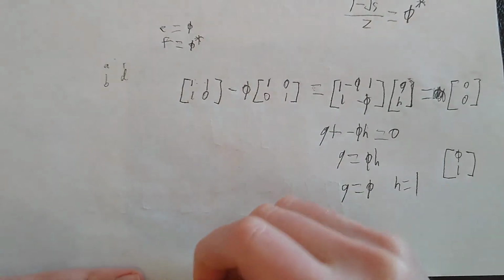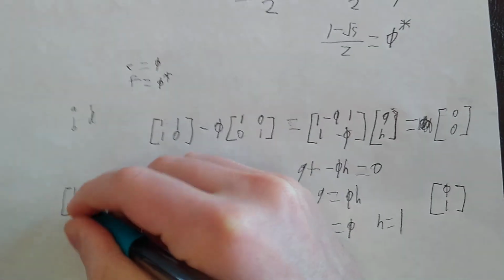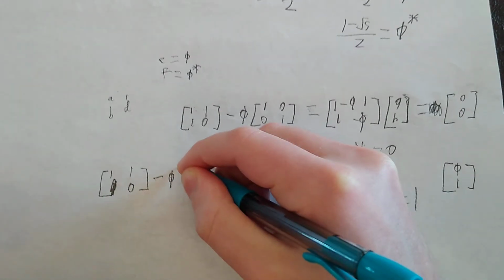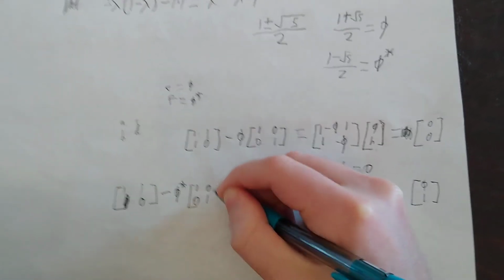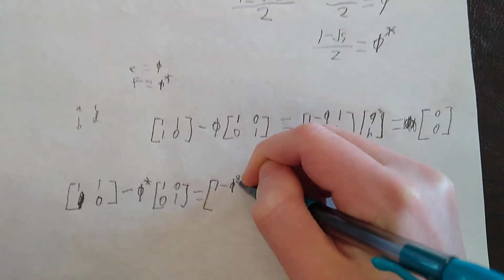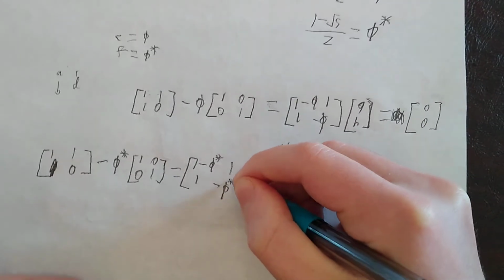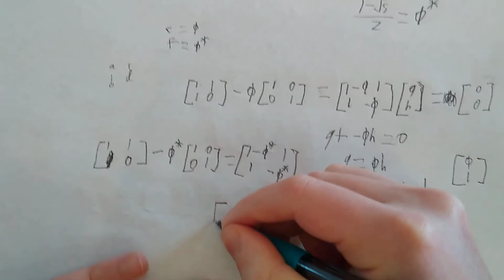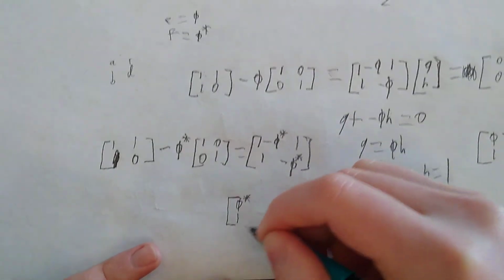Now, for the basis for the null space of this here, you just go through the same process, and we get phi prime and 1.